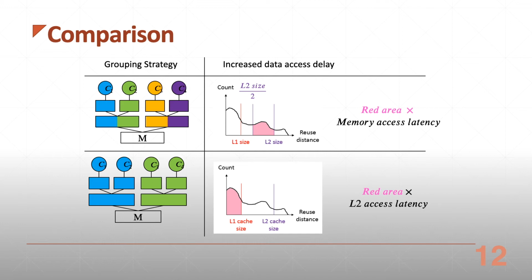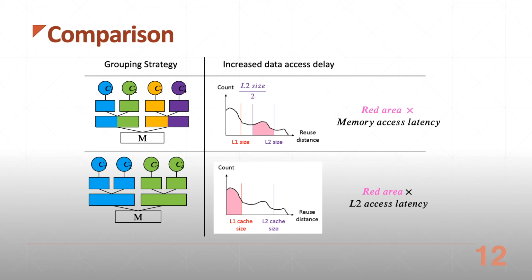Then C1 and C2 have to share the L2 cache. Therefore, the effectively available L2 cache size becomes half. Consequently, we may use the halved L2 size to estimate the cache miss delay. And the difference to the ideal case of having the whole L2 cache should be the delay overhead of the concurrent execution in this case.